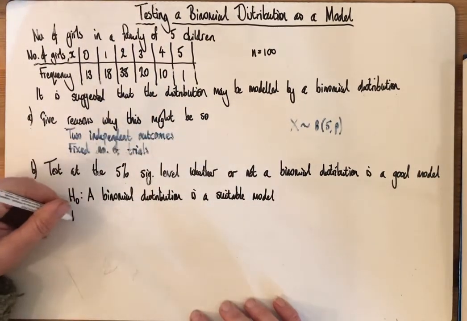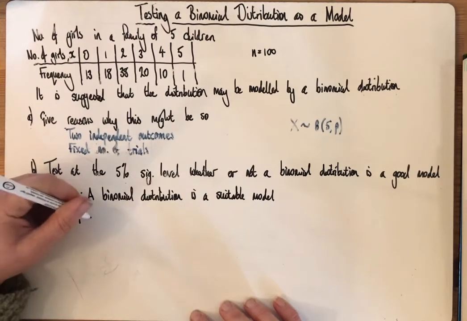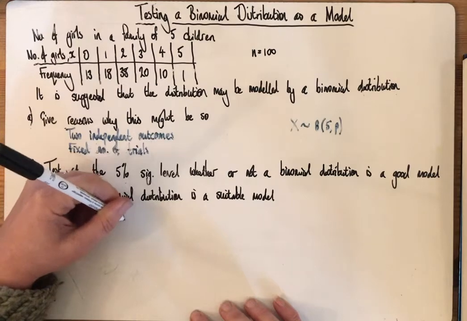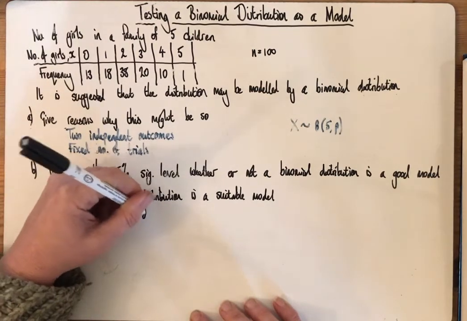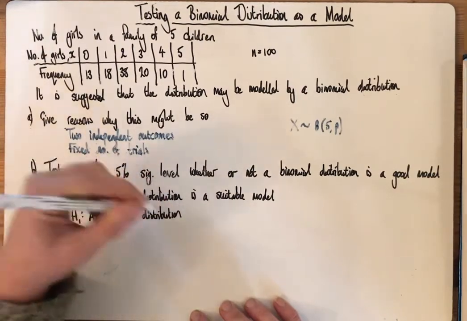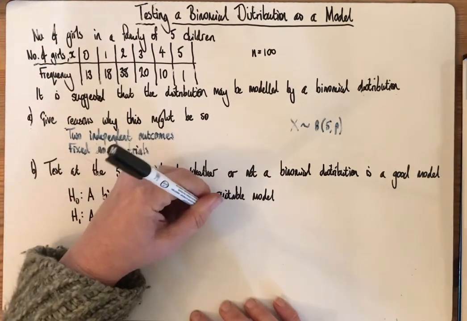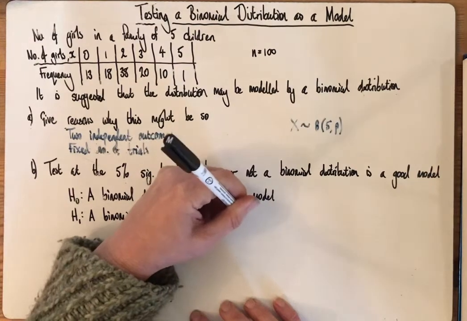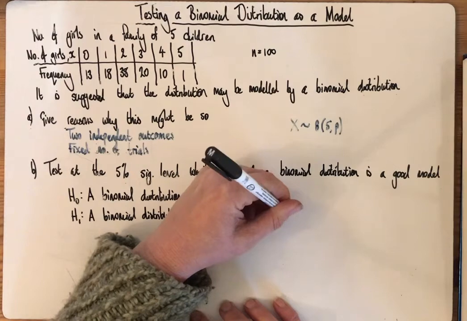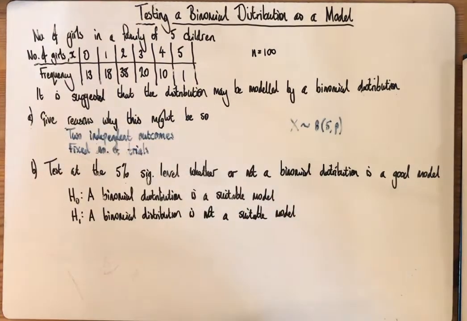And then the alternative is that a binomial distribution is not a suitable model, and another model would be better. So this is quite in line with all the hypothesis tests we've done, really.